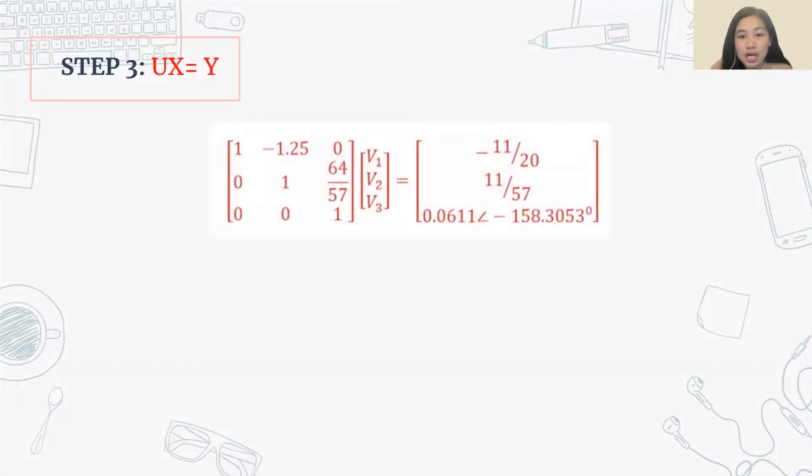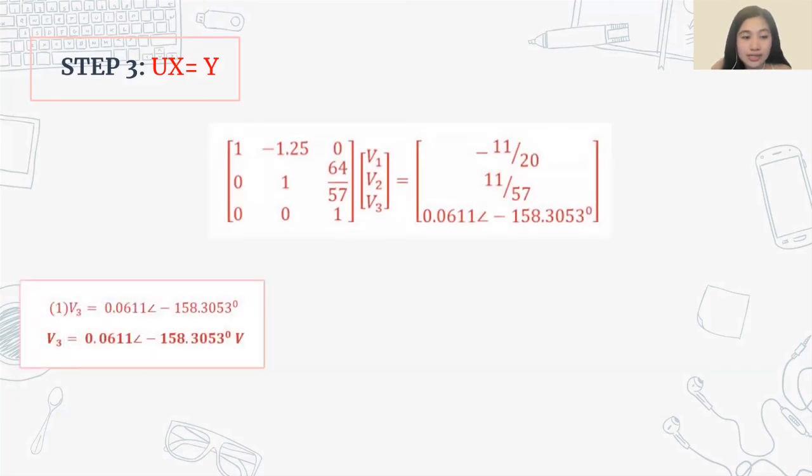By means of using this matrix, we're going to solve for V3 first. Same process din sa Doolittle. So our V3, ito yung V3 row natin. So 0, 0, meaning to say 0 times V1, 0 times V2, hindi magmamatter.